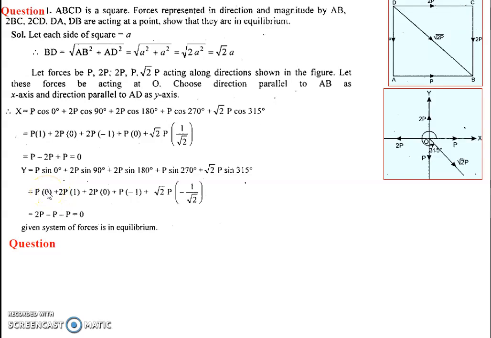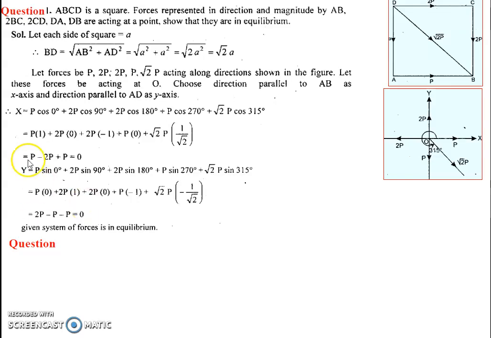And when we write X, the second part is very easy. We write the resolved part along the perpendicular direction, which is Y. Whatever angle we write in the cos theta, with the same angle we write the sine theta in Y. Y is equal to P sin 0, plus 2P sin 90, plus 2P sin 180, plus P sin 270, plus root 2 P sin 315. Sin 315 is minus 1 by root 2, sin 270 is minus 1, sin 180 is 0, sin 90 is 1, sin 0 is 0.